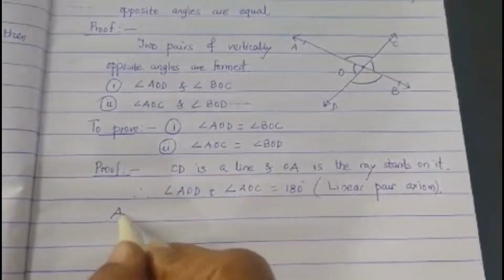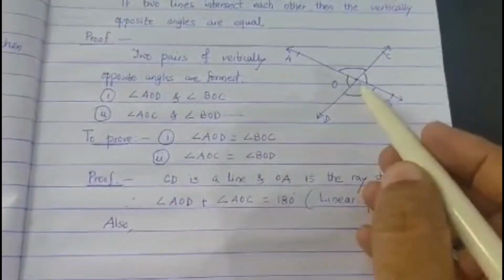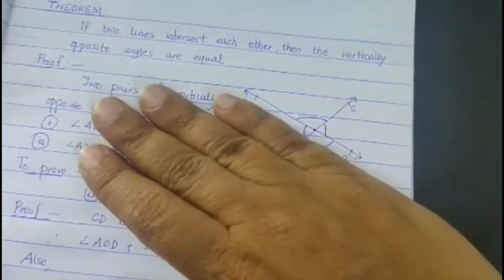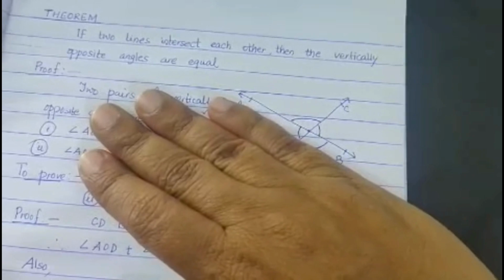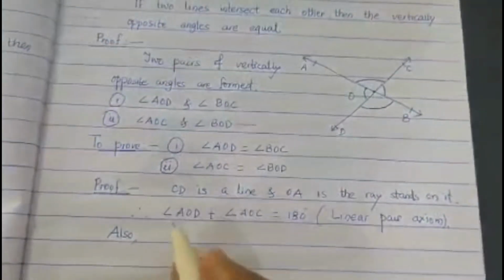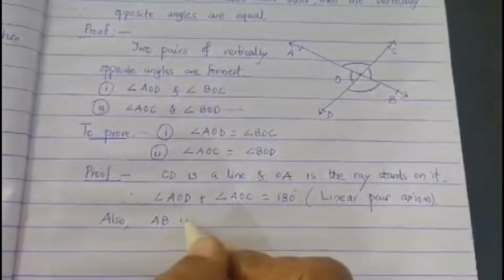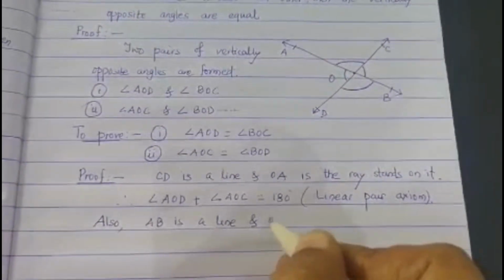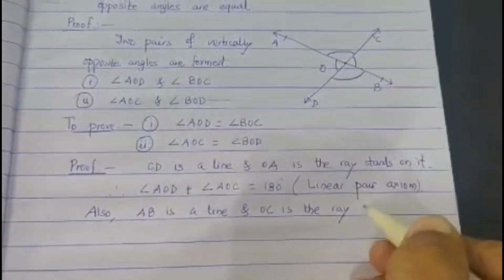Now also, let us consider this one. Let us keep your finger here. So AB is a line and OC is the ray that stands on it.